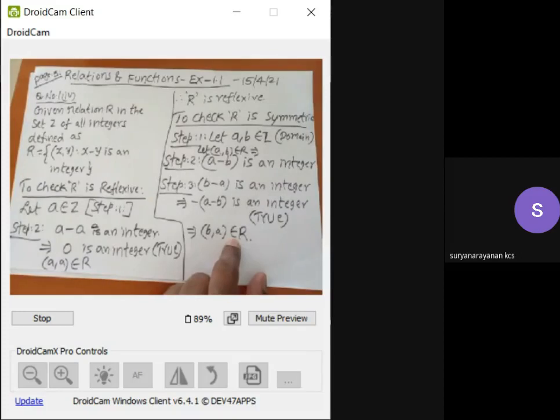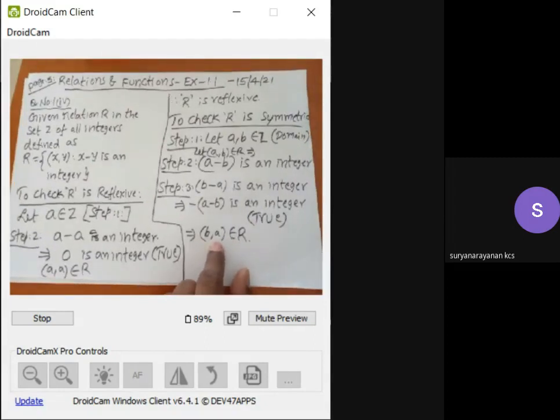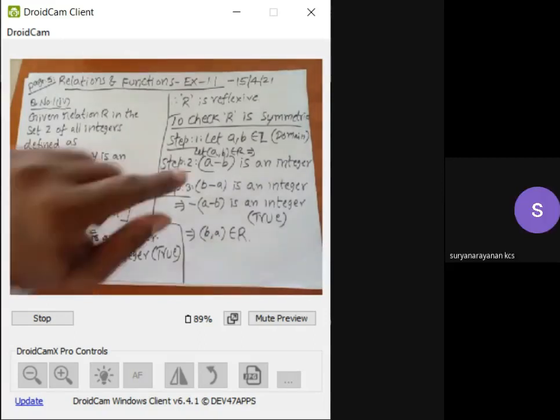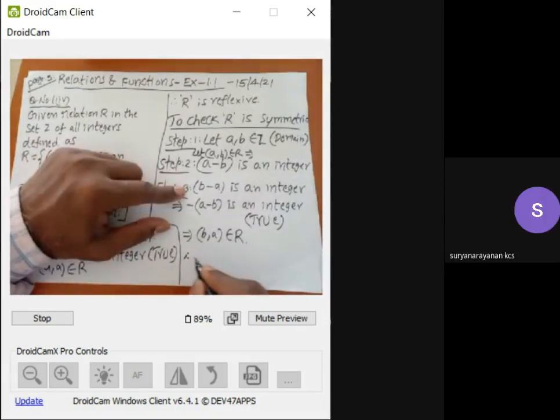If ordered pair a comma b belongs to R, then its reverse ordered pair b comma a is also in the relation R. Then what will you conclude? R is symmetric, sir. Therefore, R is symmetric.